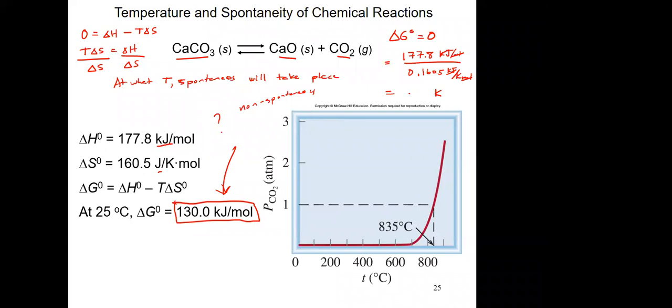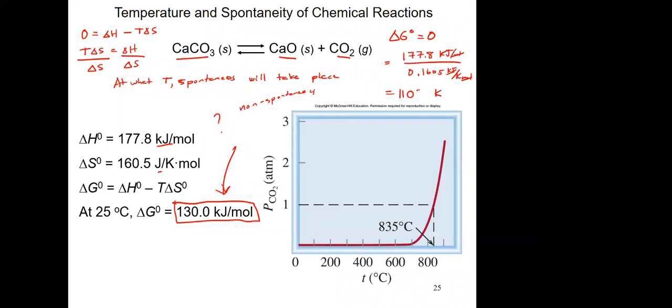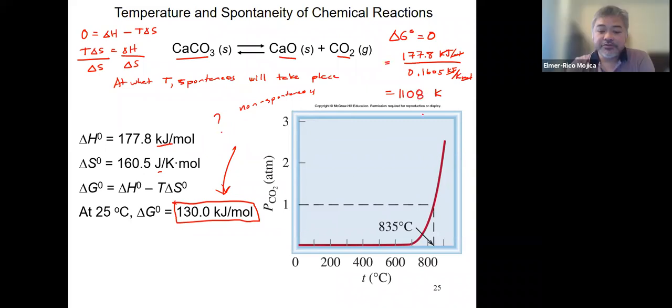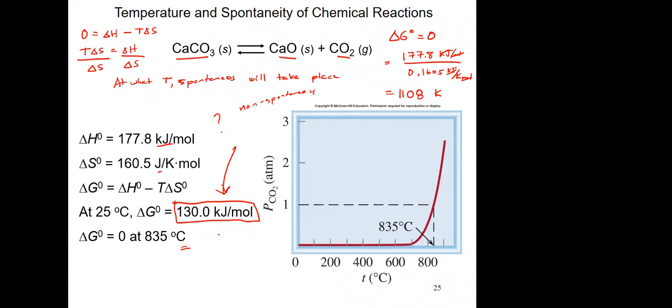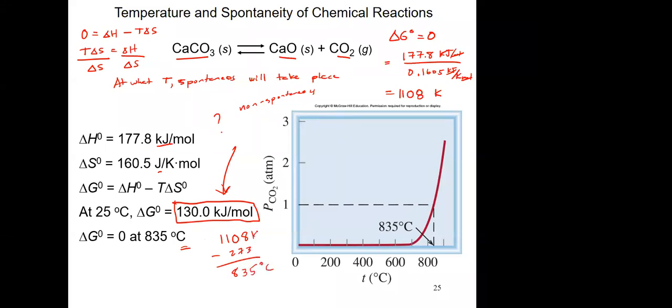This is equal to 1,108 K, approximately. Now, if you want to convert it to Celsius, 1108 minus 273 will give you 835 degrees Celsius.